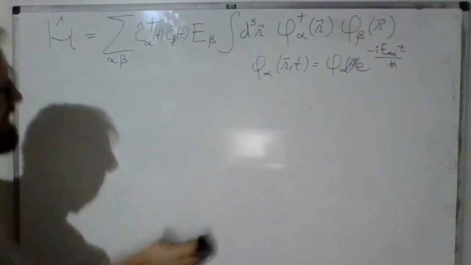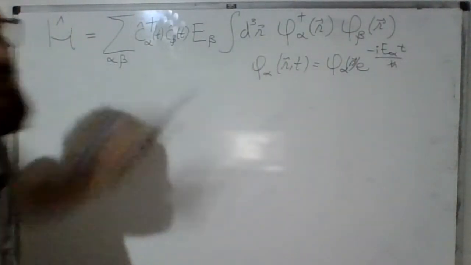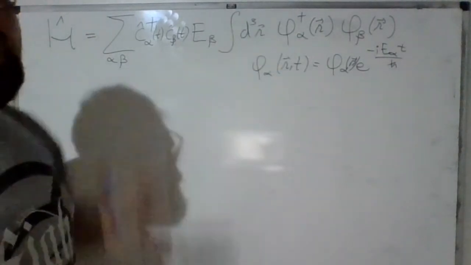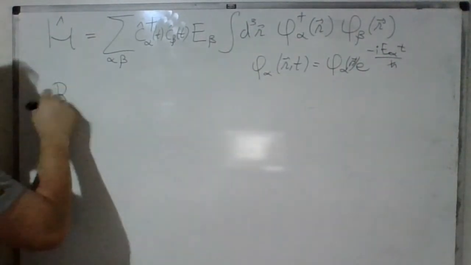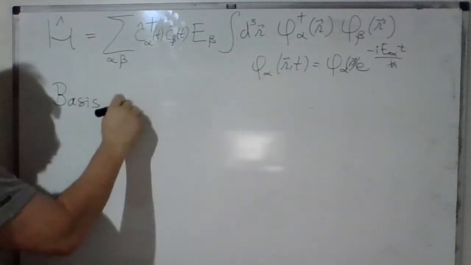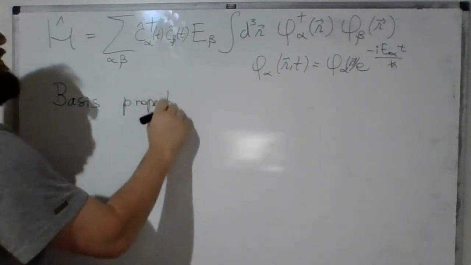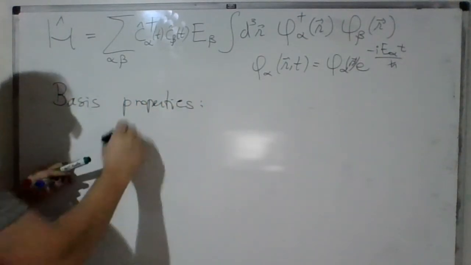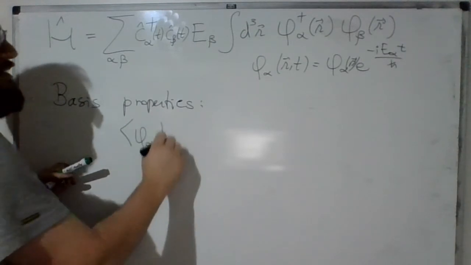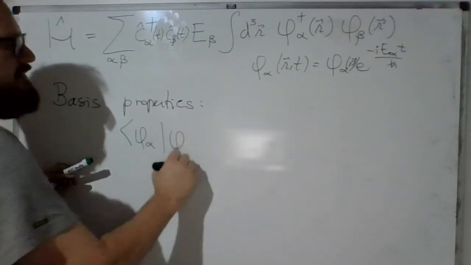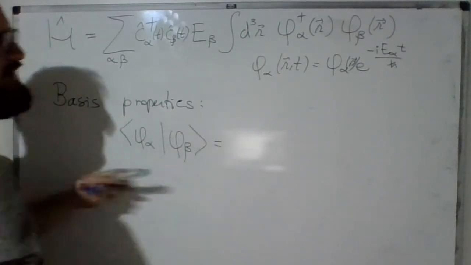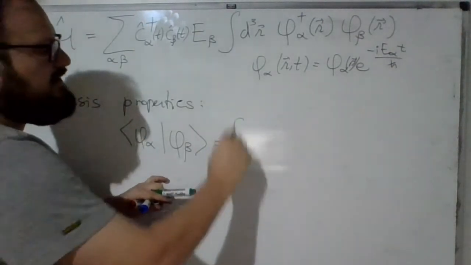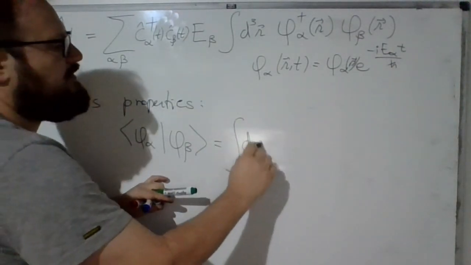So let me calculate that integral, okay? What is that integral? But remember the basis properties, okay? Phi alpha projected onto phi beta is just the same as inserting the completeness in the position basis.